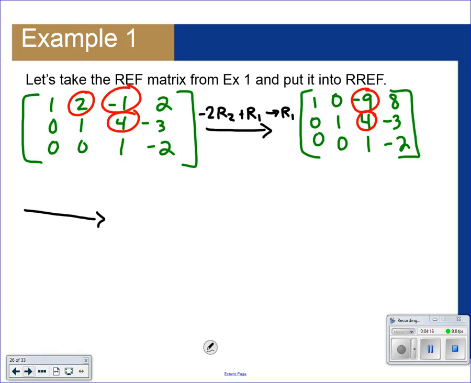Okay? So if I want to change the 4 to a 0, yeah, exactly. So you're going to do -4 times row 3. We're going to add that to row 2, and that's going to be our new row 2. Okay? And I know you guys are nervous about doing 2 at the same time, but I really feel like you can do it. Okay?